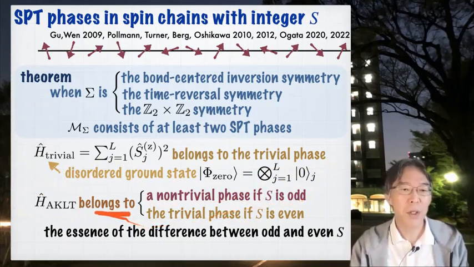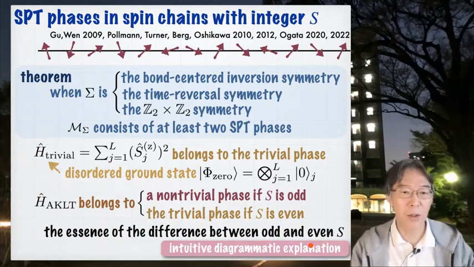But it belongs to the trivial phase, like this one, when S is even. This is the essence of the difference between odd and even S that we wanted to understand. So the goal of this paper is to provide an intuitive diagrammatic explanation of this difference.